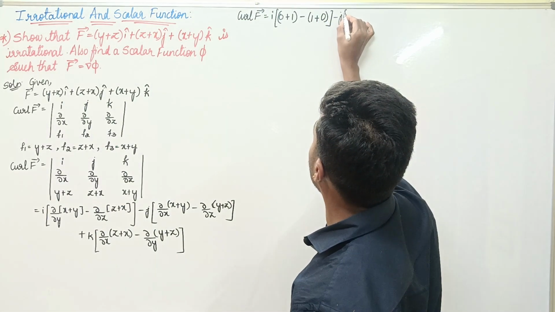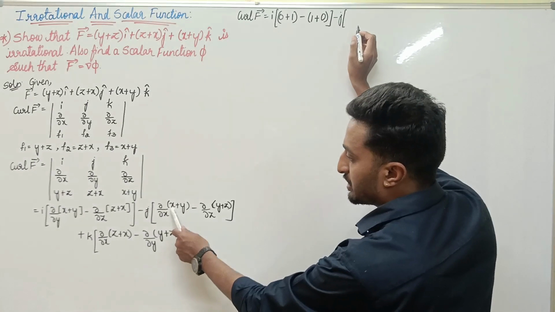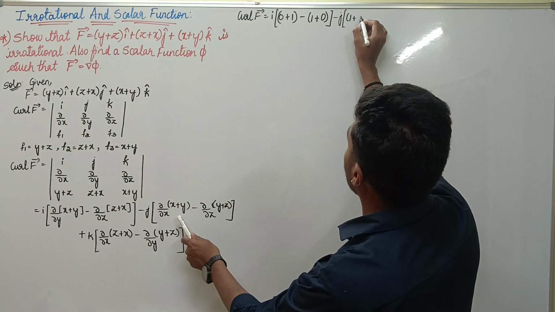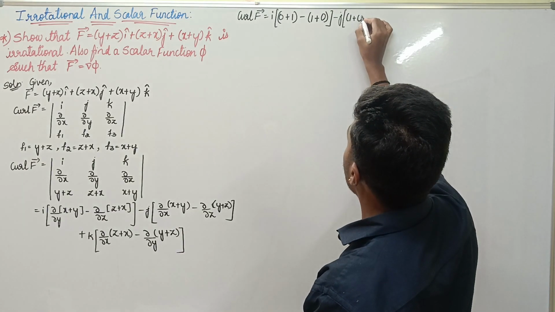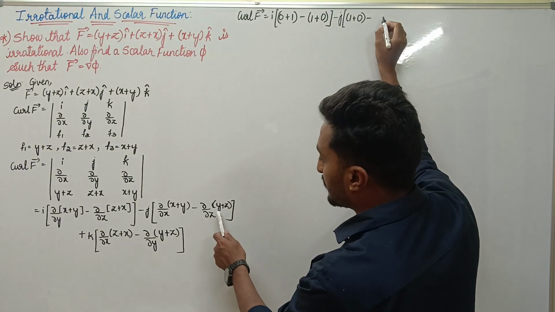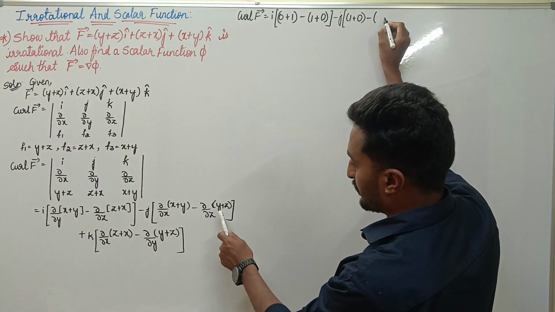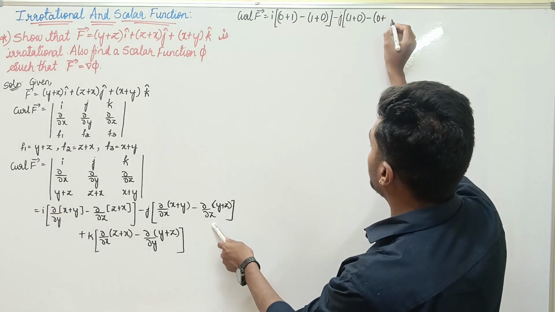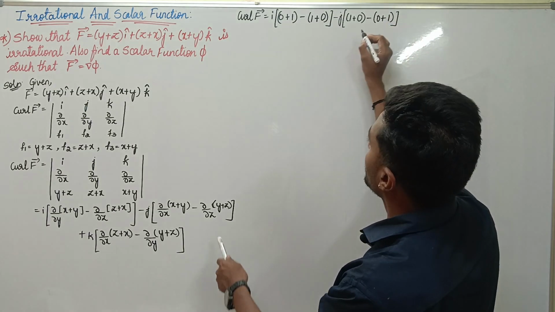Minus j into differentiation of x with respect to x is 1 plus differentiation of y with respect to x is 0, minus differentiation of y with respect to z is 0 plus differentiation of z with respect to z is 1.